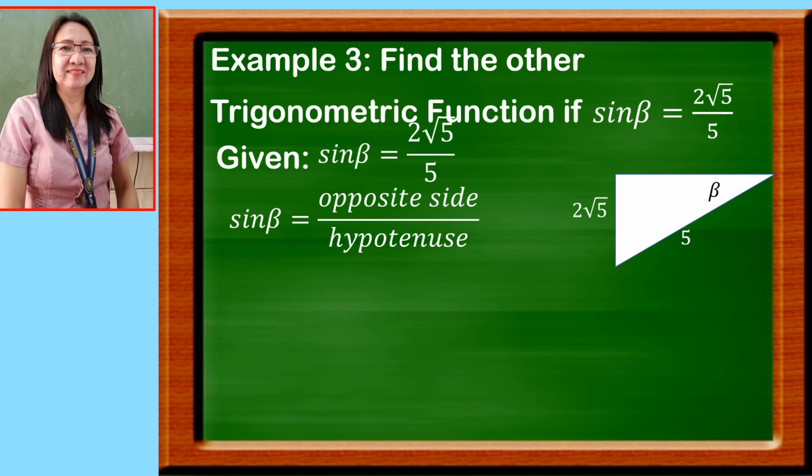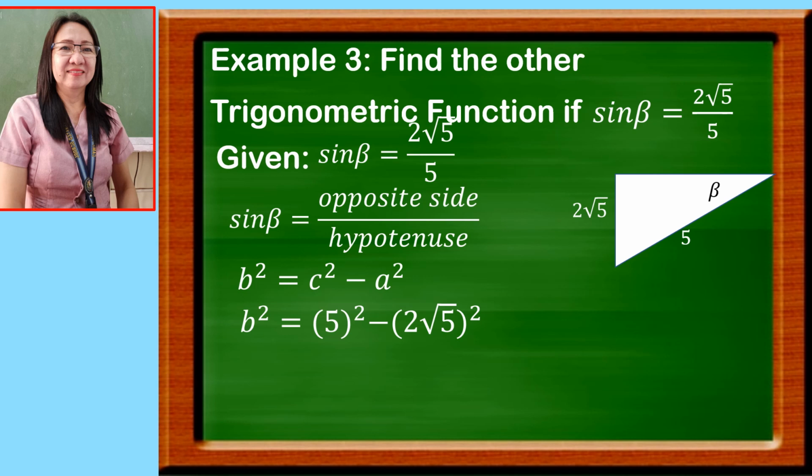Now, looking at our figure, the missing part is the base. So let us find b squared is equal to c squared minus a squared. By substitution, b squared is equal to the square of the hypotenuse 5 minus the square of the other leg, which is 2 square root of 5.